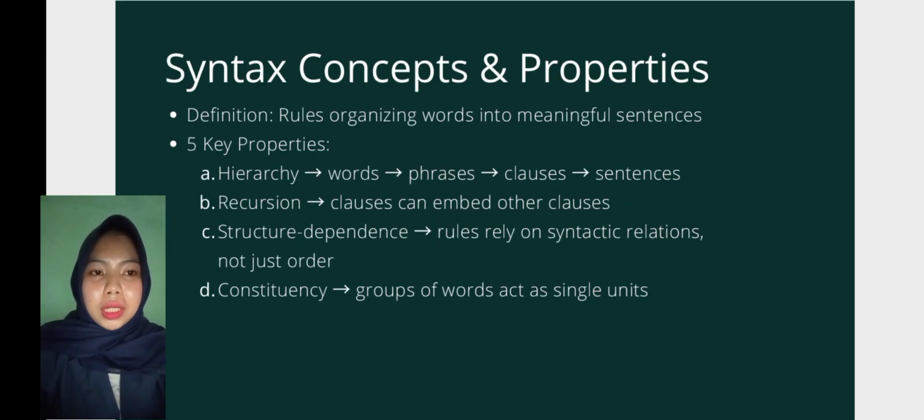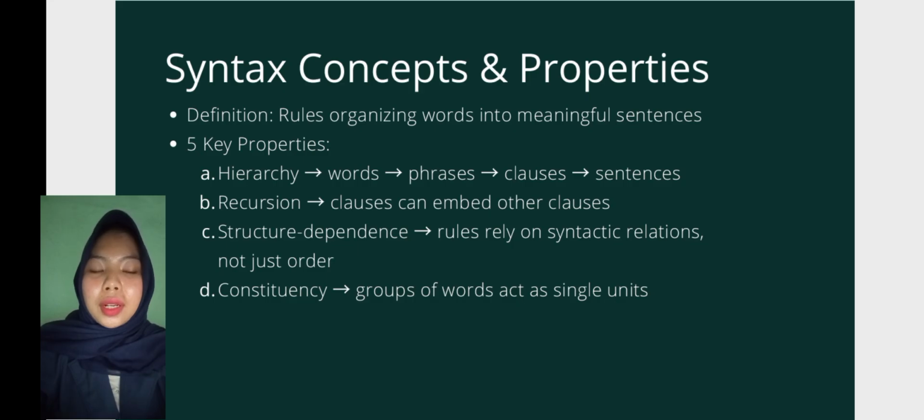In this first section, I describe the concept of syntax and its main properties. Syntax organizes words into meaningful structure using specific rules. There are 5 key properties of syntax. First is hierarchy. Sentences are built from smaller units like phrases and clauses. The second is recursion. Clauses can be embedded within other clauses, creating complex sentences.